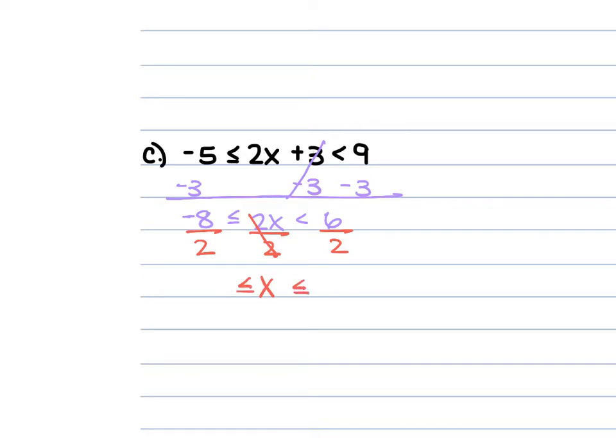Our signs are not changing because we're not dividing by a negative. So this is going to be -4 is less than or equal to x, which is less than 3. Again, if you wanted to separate this into two separate inequalities, you could have done so as well.